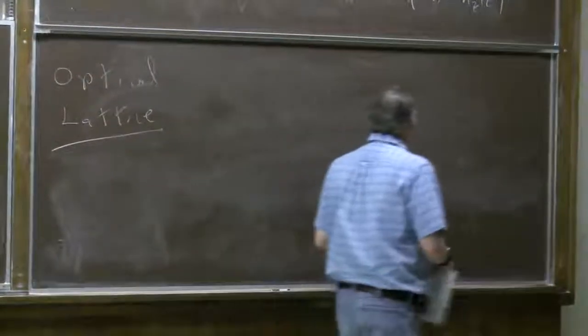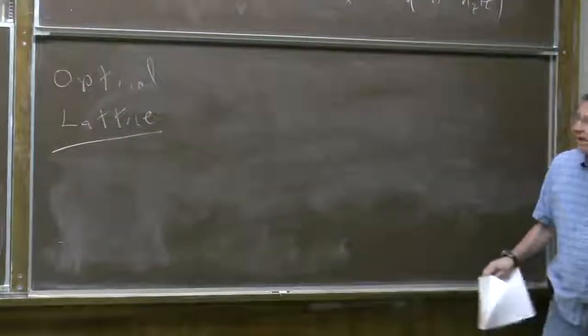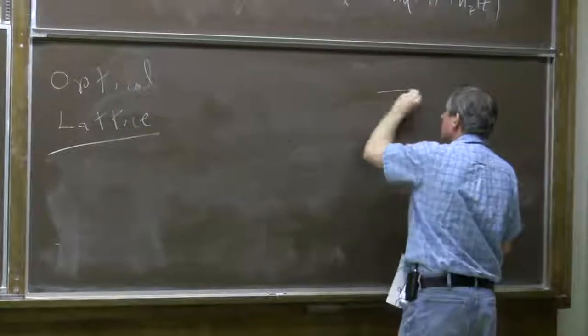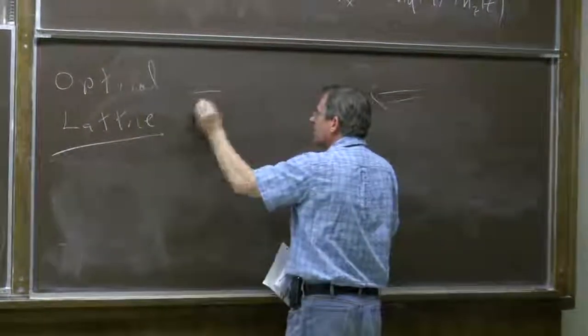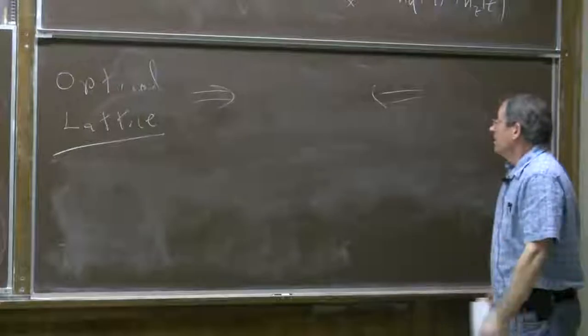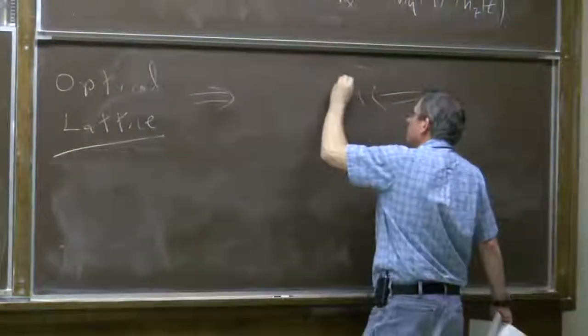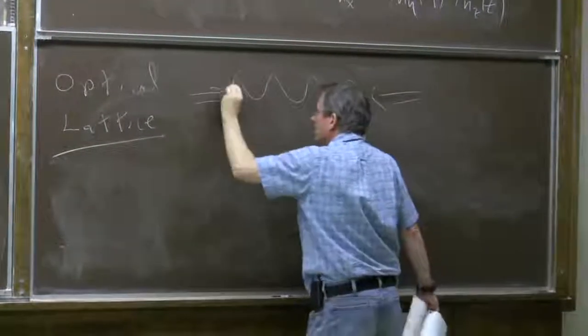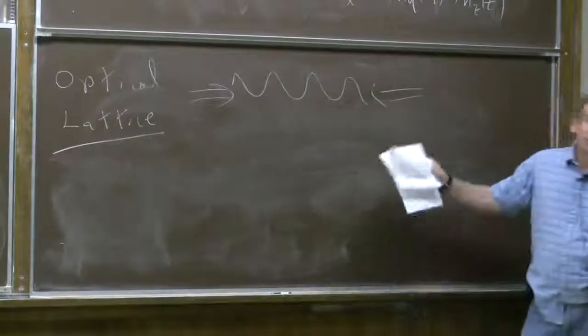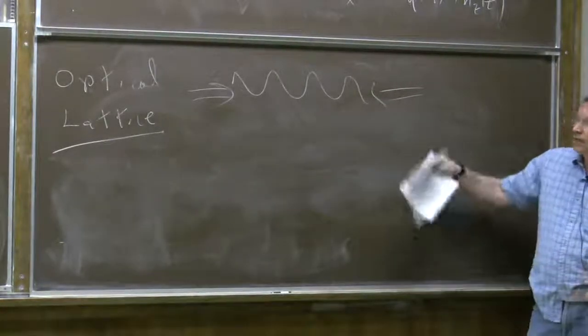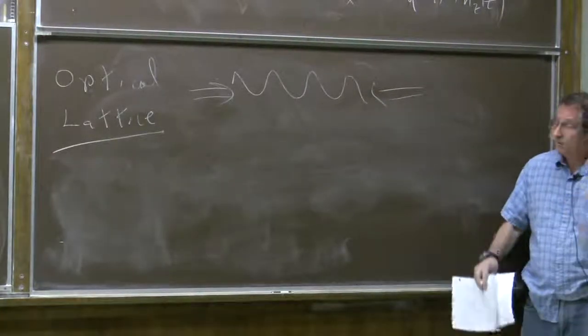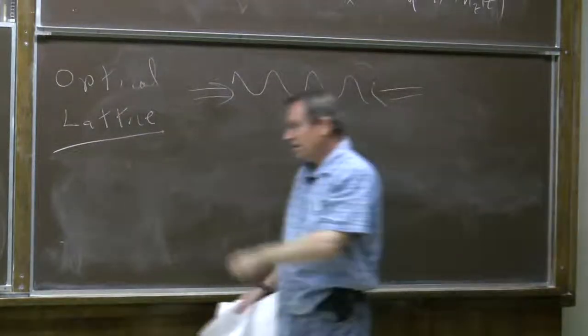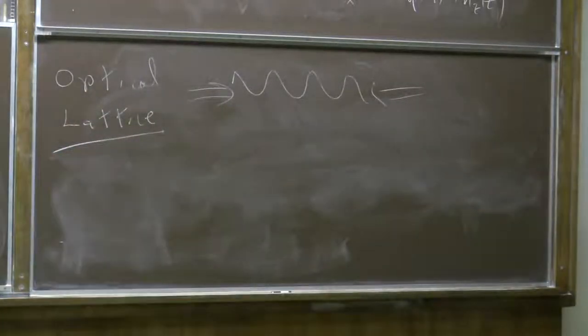Well, an optical lattice is just an interference pattern set up between lasers, let's say two counter-propagating lasers. They make a standing wave, and you can control the intensity of the light and therefore the height of the amplitude in the oscillations of the electric field in the standing wave.